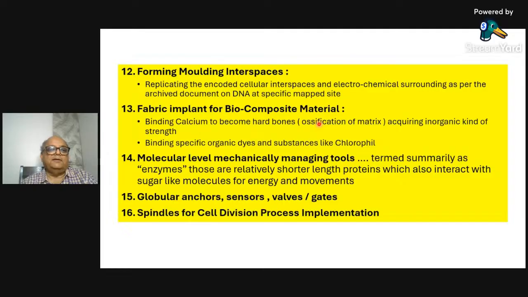So that's the category. And last but not the least, in the previous video, I have shown you some pictures of cell division and the spindles which carry out cell division, mitotic and meiotic spindle, which divide the contents of the mother cell into two daughter cells, so that chromosomes are split into halves, and one set of half chromosomes goes into one daughter cell, another goes into the other daughter cell, faithfully and repeatably, always.